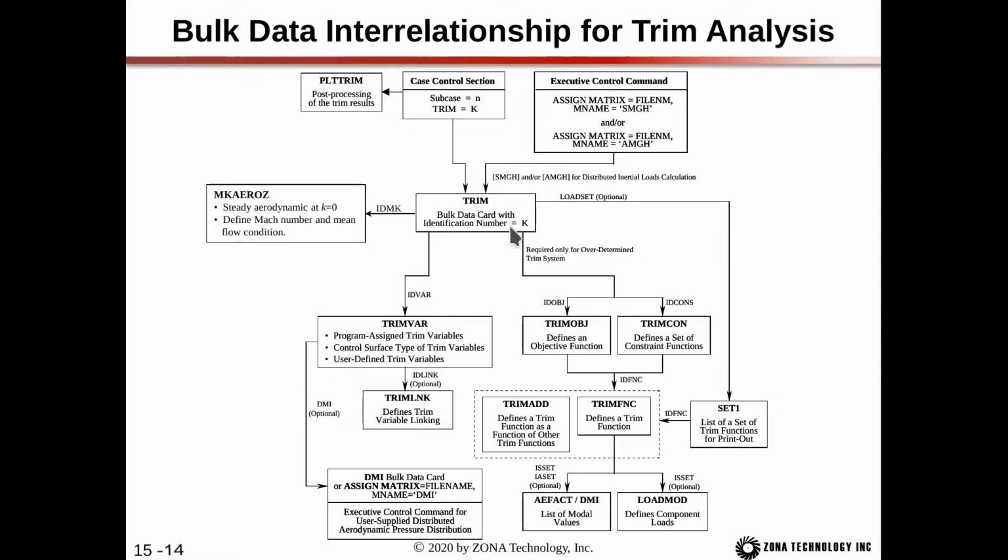Meanwhile, for the overdetermined trim system, the trim card can refer to the trim objective and trim constraint cards, which then refer to the trim function cards. And then the trim can refer to a set 1 card to measure the loads at the trim condition.